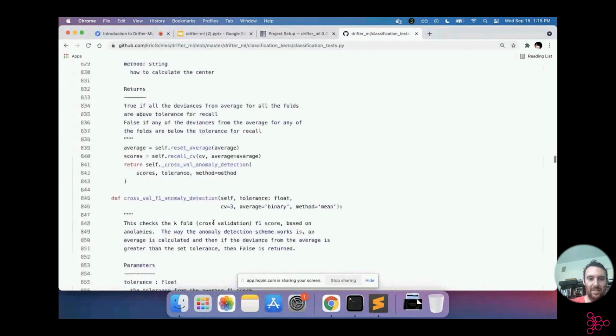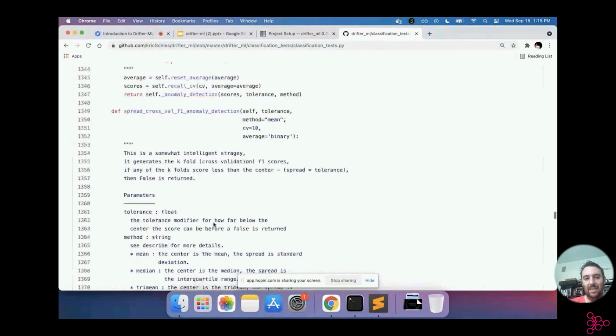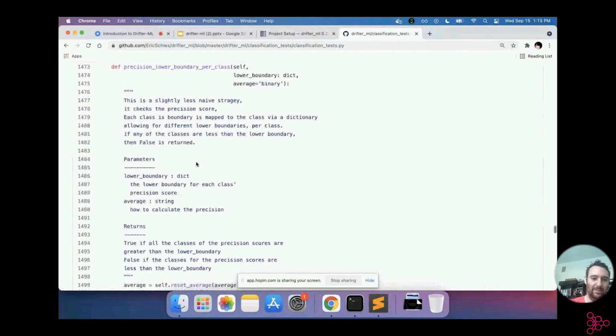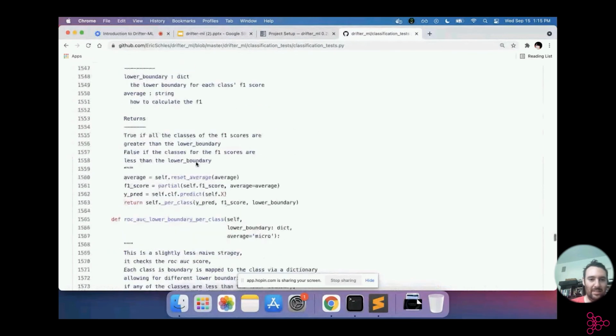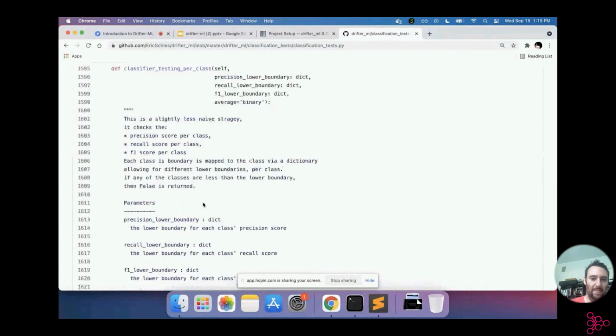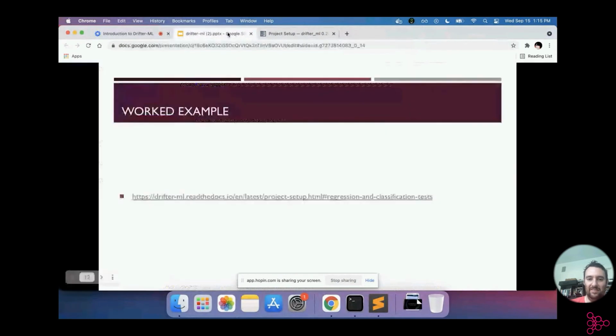I've written a bunch, so you can tell in a really nuanced way what it means for model drift to occur. We've got lower boundary precision, lower boundary recall, ROC AUC. You can test per class, do random samples, and test cross validation. I've tried to make this framework as feature rich as possible.